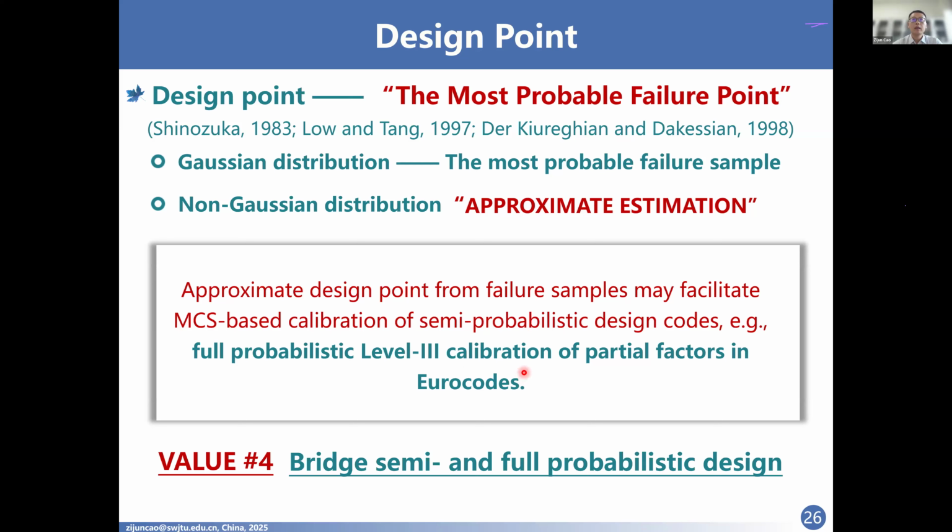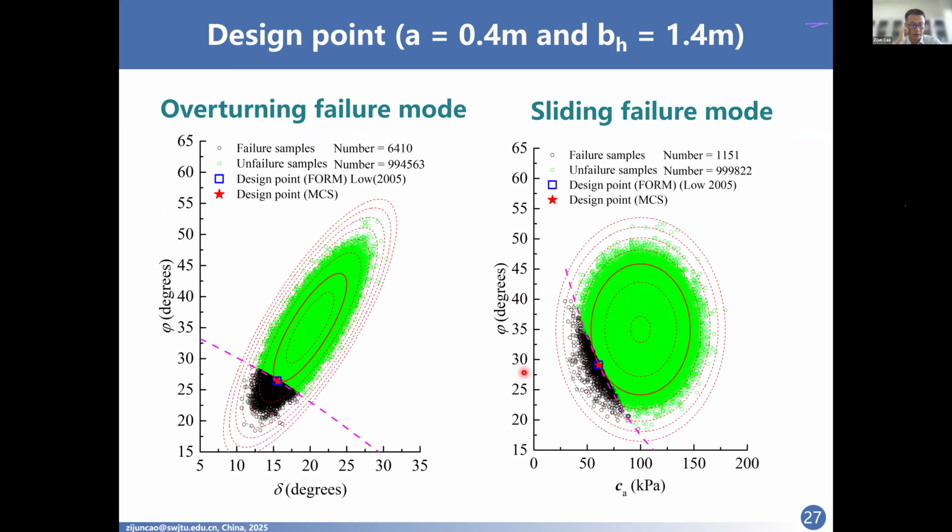The red stars here show the design points of uncertain parameters identified from Monte Carlo samples for overturning and sliding failure modes of the gravity retaining wall example. They are comparable with those obtained from the first order reliability method.